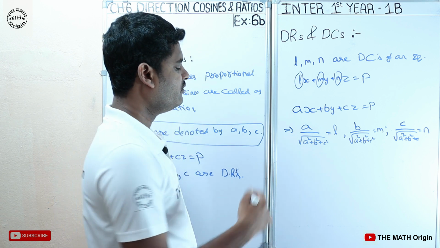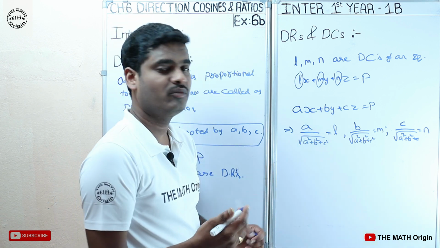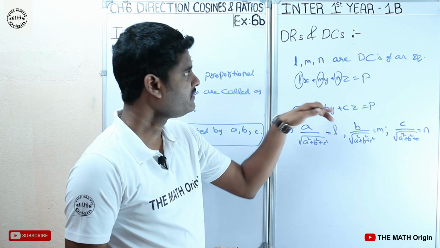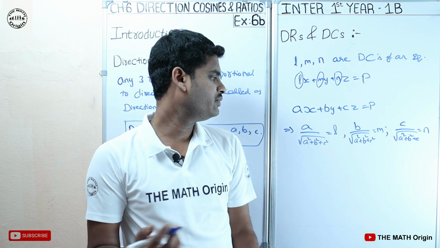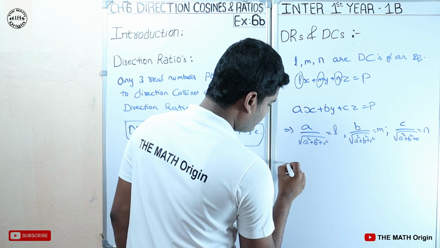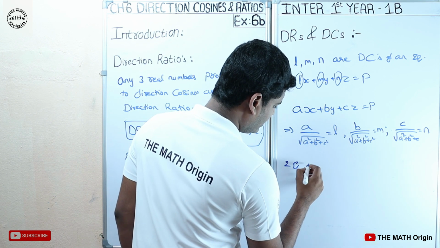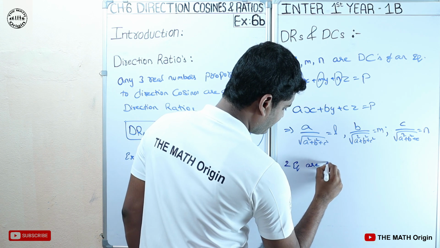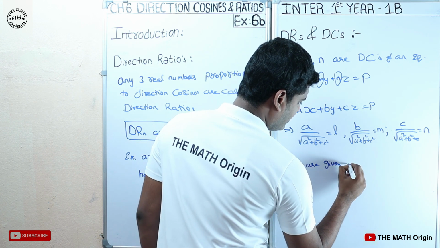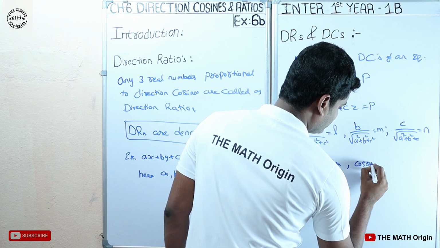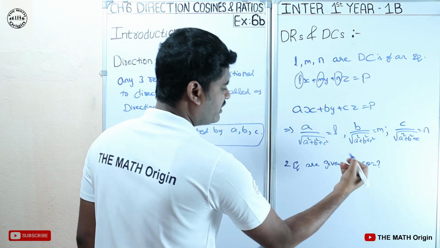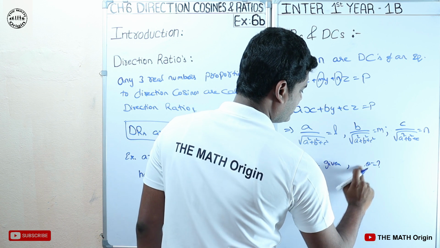We also have a few more formulas for direction cosines and direction ratios, like the angle between two lines. If two equations are given, what is the angle theta?